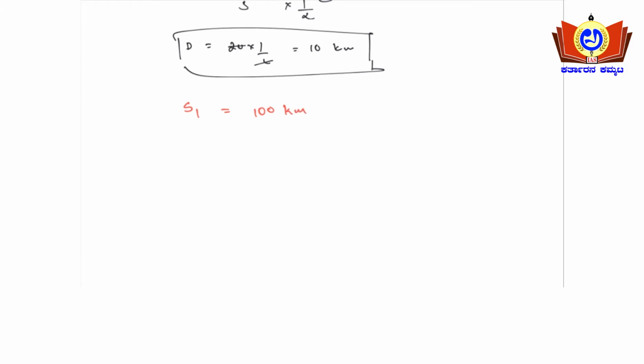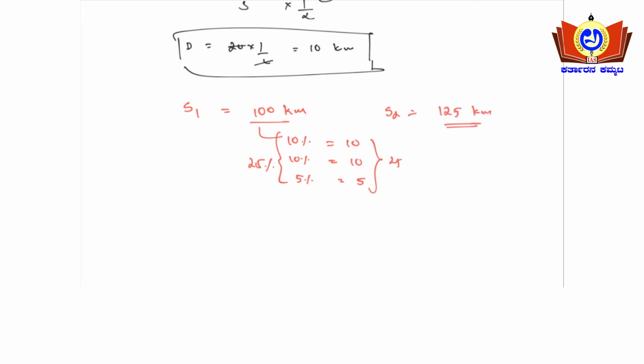Okay, just an assumption here. Then S2 should be increased by 25% of S1, right? What is 25% of S1? 10% of 100 is 10, so 10% again, then 10, and 5% will be 5, so this is 25% increase, right? So this is 25, so the new speed will be 125 kilometers per hour.